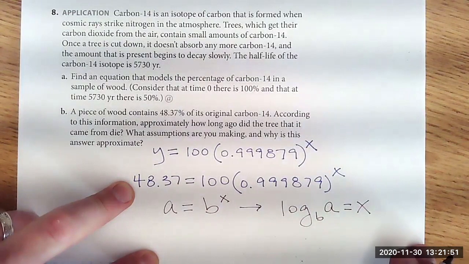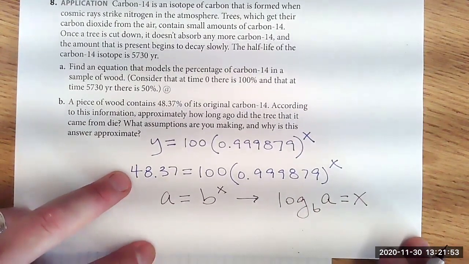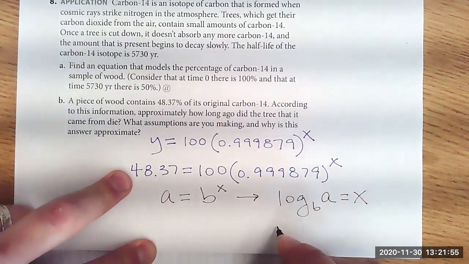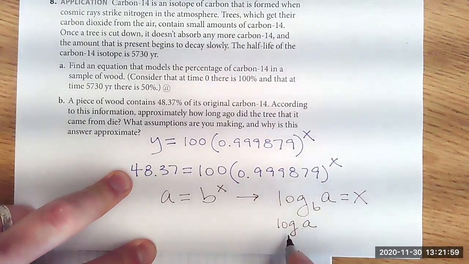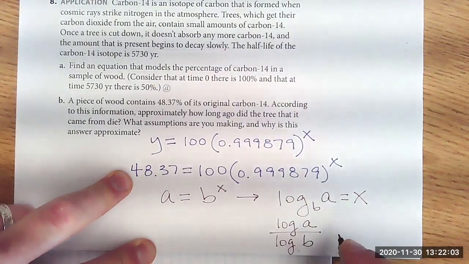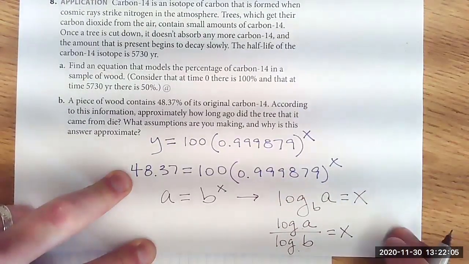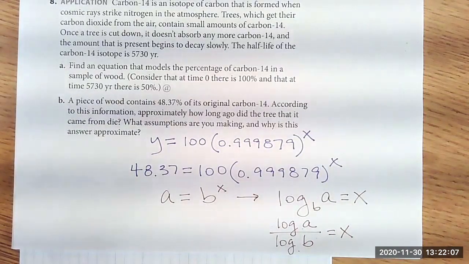And then the workaround, so you can use log base 10, is that log base 10 of a divided by log base 10 of b equals my exponent, or the number of years that the tree died. How long ago did the tree die?